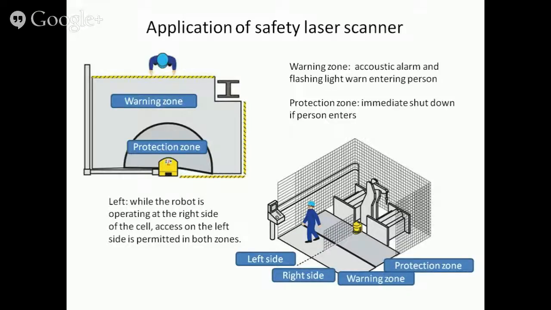When the robot is operating on the right side of the cell, access on the left side is permitted in both zones. On the right side, access is only possible in the warning zone. If the robot operates on the left side, access rights are reversed.